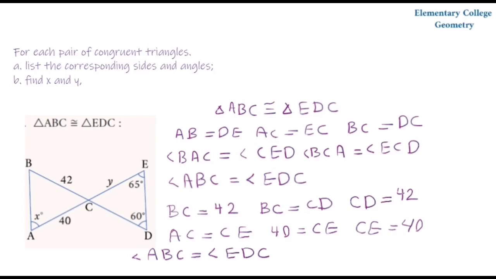So the angle of ABC equals 60 degree, and two angles of BAC and CED are equal, and the angle of BAC equals X and the angle of CED equals 65 degree. So X equals 65 degree.